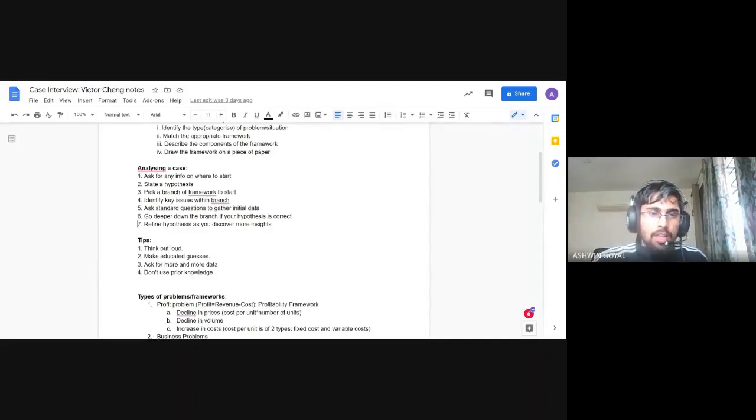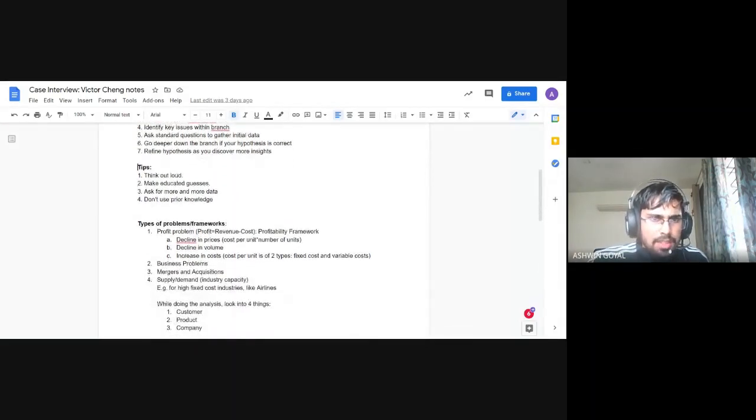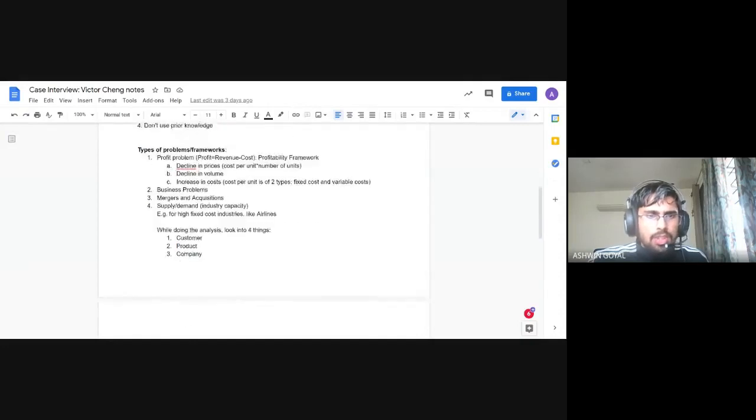And towards the end, refine your hypothesis as you extract more and more information from the client. So that's basically the structure for solving a problem of the client. And there are some tips: think out loud, make educated guesses, ask for more data, don't use prior knowledge, all of these.